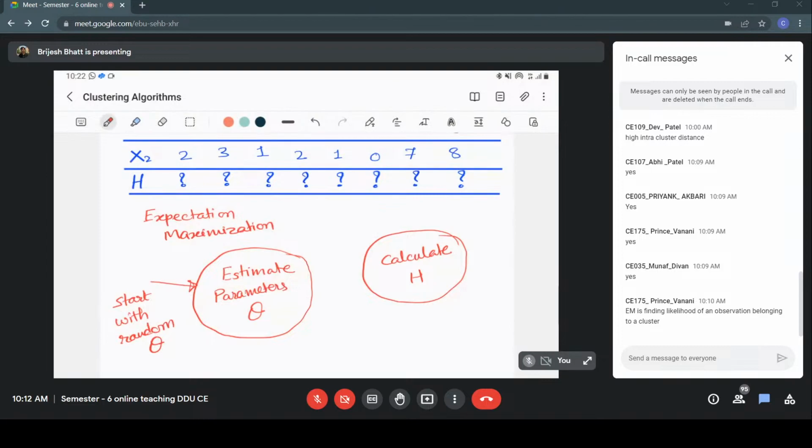And we keep on iterating between these two until we reach a stable assignment, or we say that there is no further updation in the parameters. So there are two steps, expectation step and likelihood calculation step, as Prince is saying. Expectation of the random variable h and calculation of the parameter theta, which is likelihood. Right, Prince?